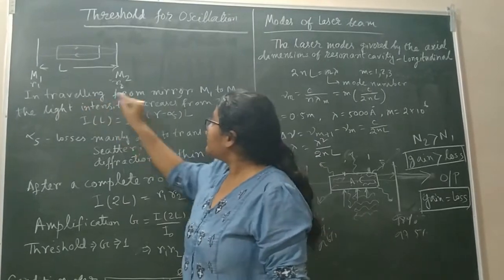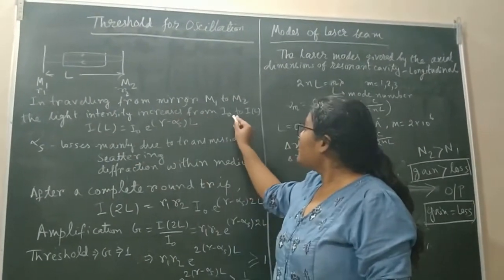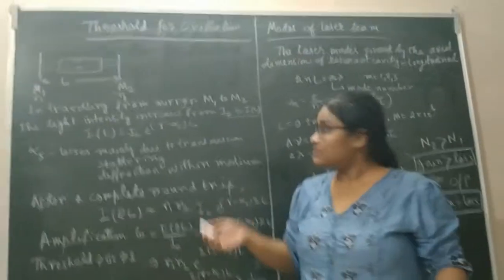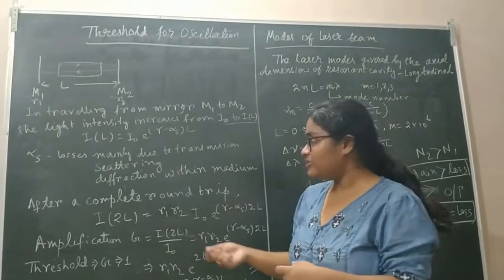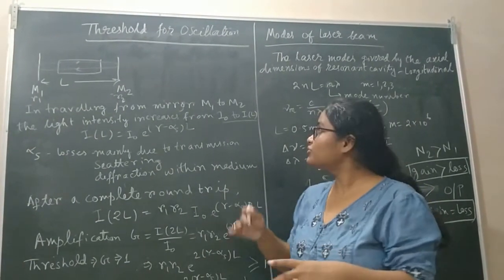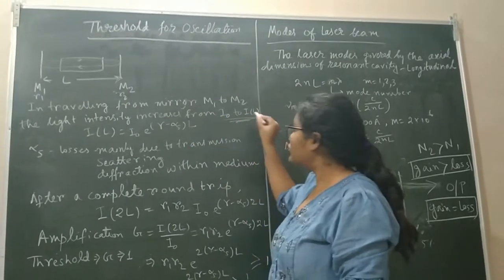In traveling from mirror M1 to M2, the light intensity increases from I0 to IL. Suppose initially the light has intensity I0. It will get amplified by the active medium, increasing from I0 to IL.